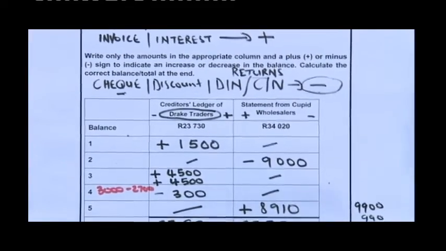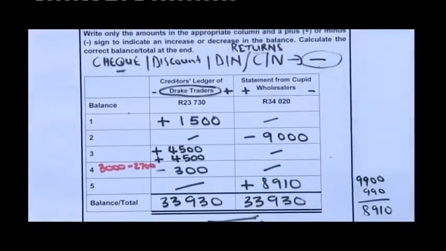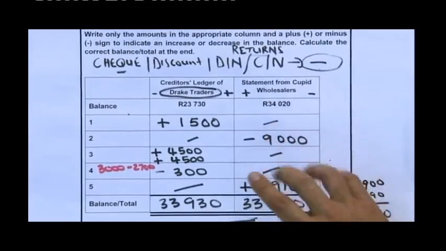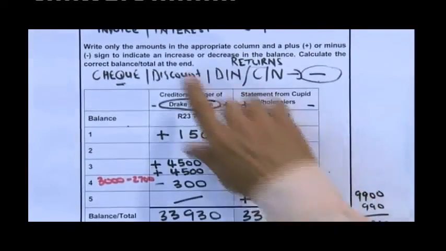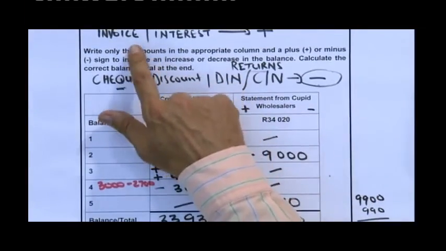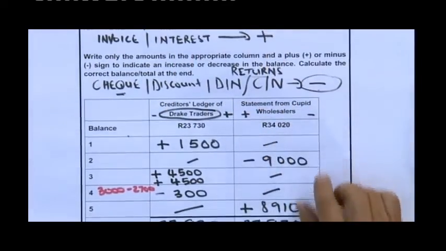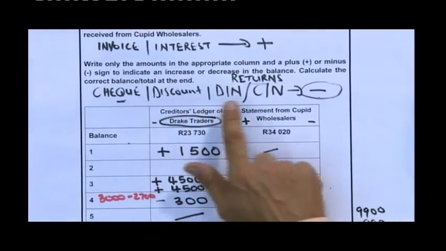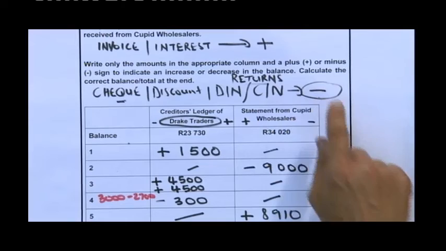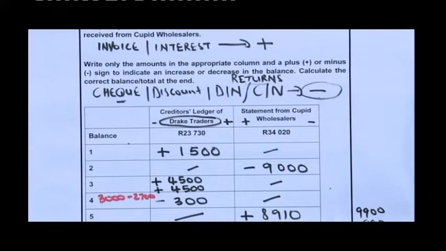So that shouldn't be so difficult in the upcoming exams, as long as you understand what you're doing. Just remember, for some useful tips, the invoice and the interest is associated with adding. The checks, the discount, the debit note and the credit note is associated with subtracting. Okay, that will be the easy part. So that will be the creditors reconciliation for this afternoon session.